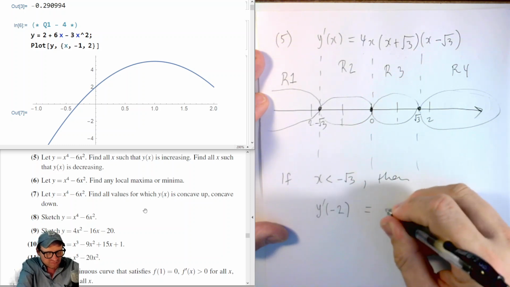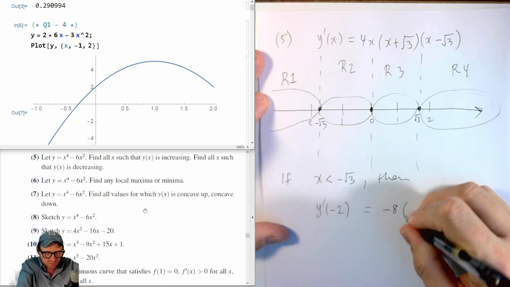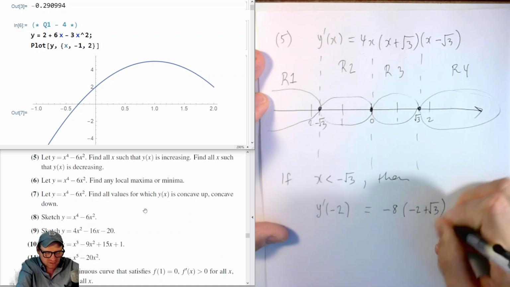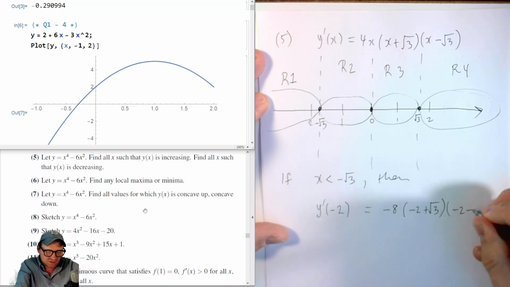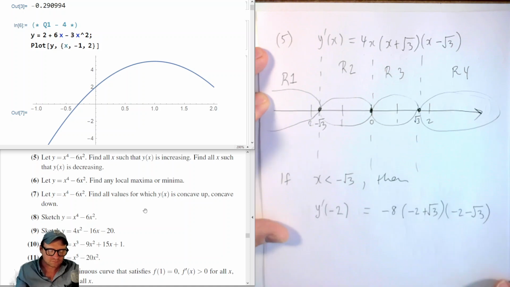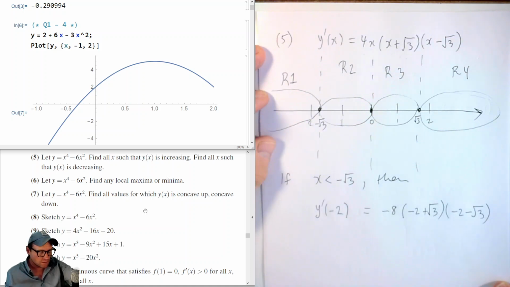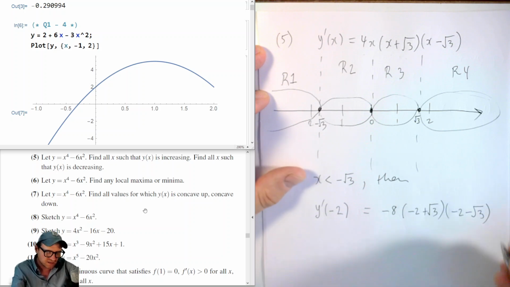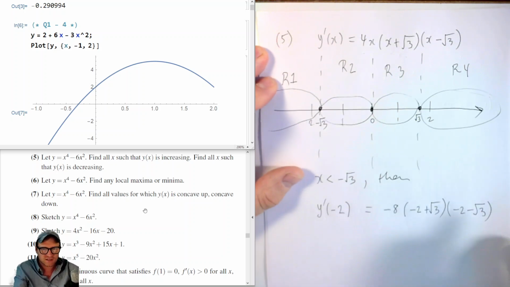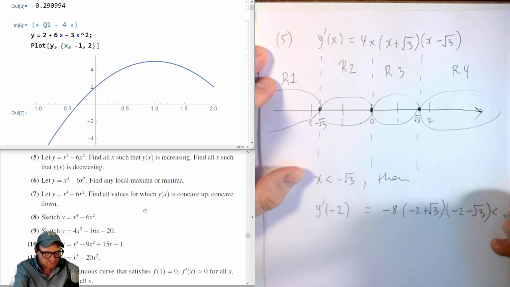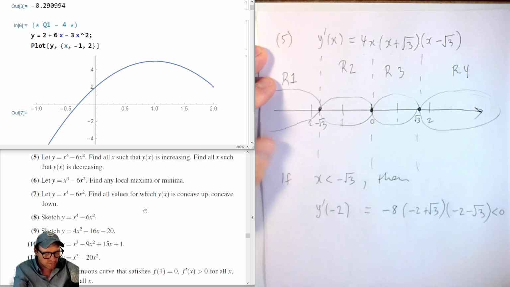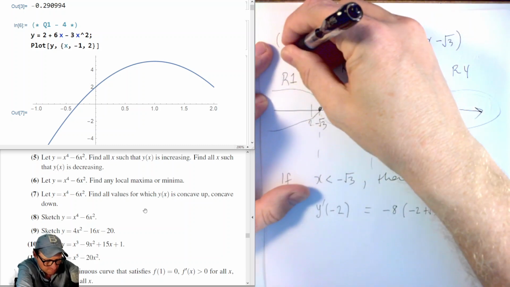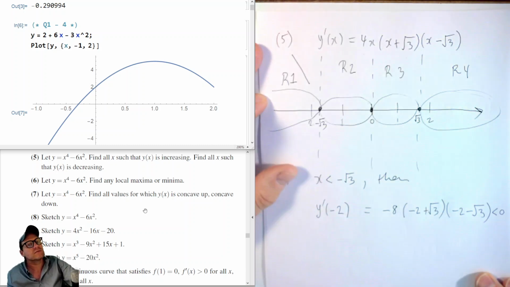Then we would have minus 8, then minus 2 plus root 3, and minus 2 minus root 3. So negative, negative, negative. That product is the product of three negatives, which is negative. So we would have a negative slope there. Let's make a line with a negative slope.